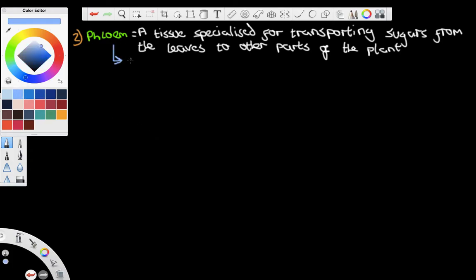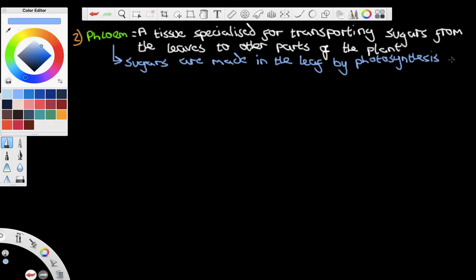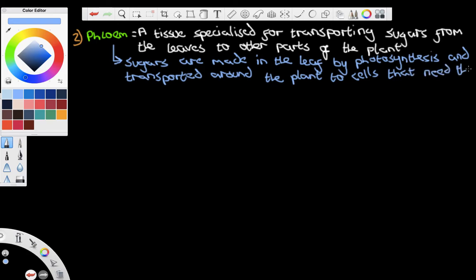So we can say sugars are made in the leaf by photosynthesis and transported around the plant to cells that need them.